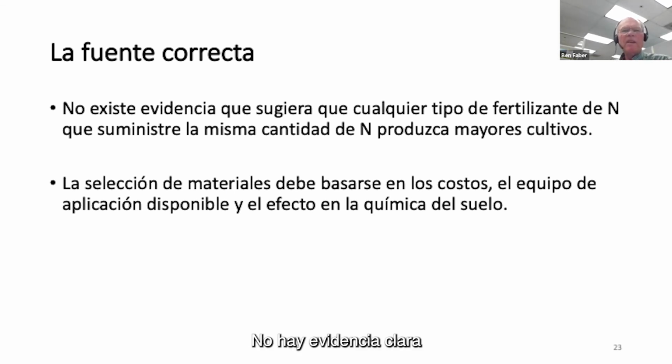There's no clear evidence that there's a difference in fertilizer nitrogen that's coming from organic versus synthetic sources. There's no indication that putting on more nitrogen than the tree or plant needs, you're going to get increased yields.